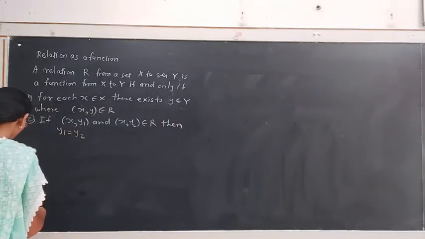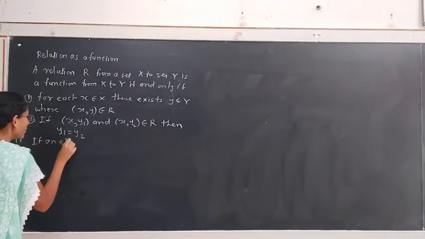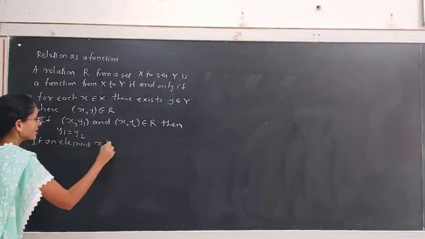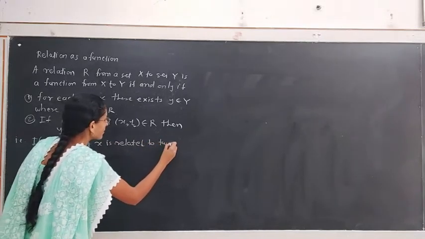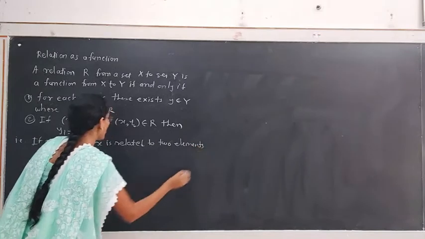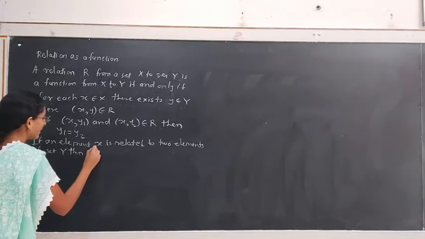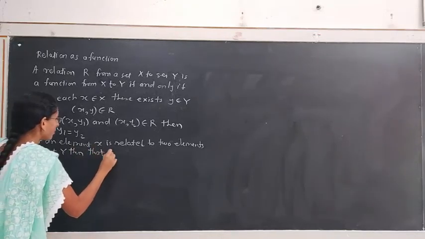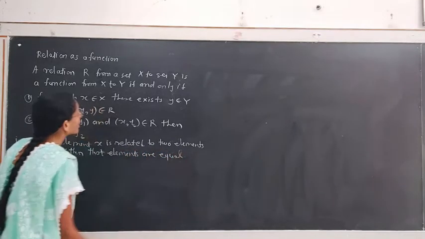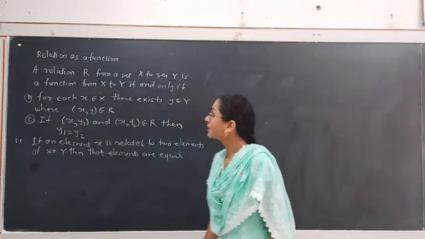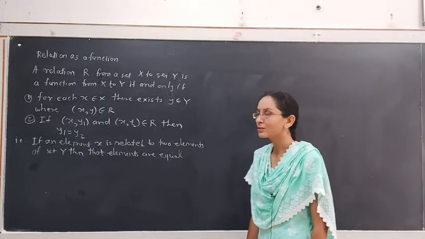Means if an element x is related to two elements of set Y, then those elements are equal. If we have a relation R, then it will be a function from set X to Y if and only if it satisfies the two conditions.